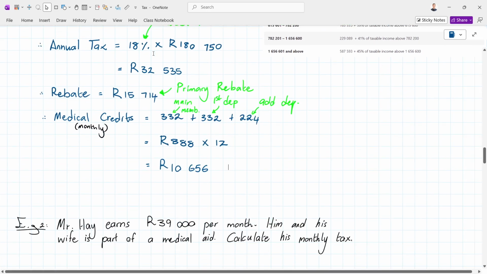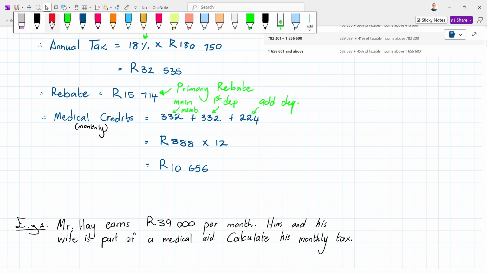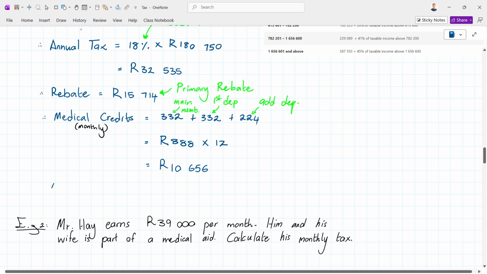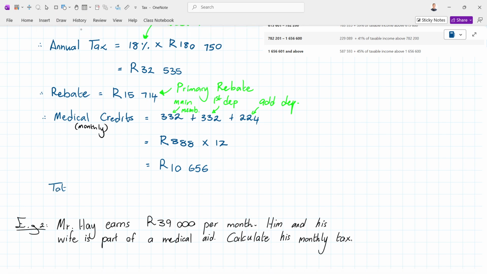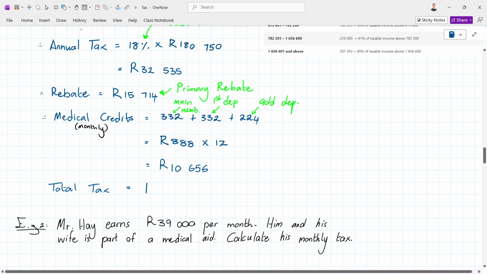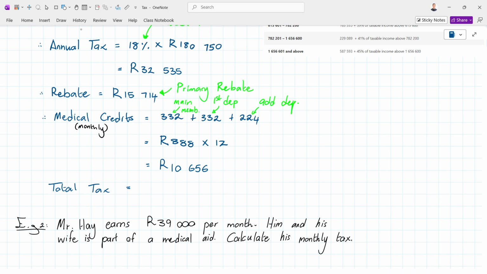So let's have a quick look. Annual tax, or let's say total tax, is going to be, let's leave the Rand symbols out here for now, 32,535 Rand. That's the total tax.